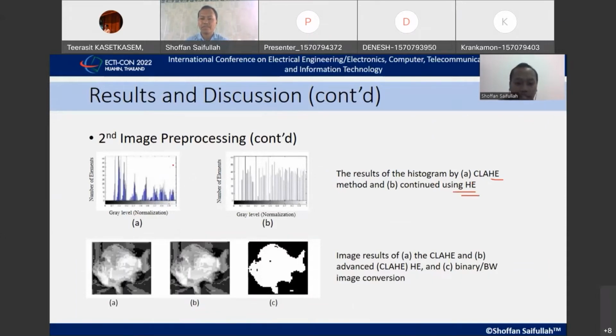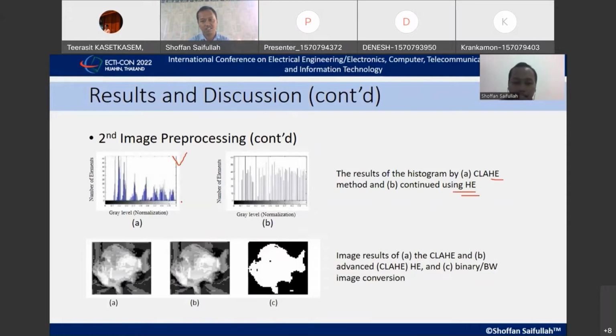From the GLSA we have a number of matrices like here. The spread of the histogram is not average, and we continue with HLA. So we have two combined methods.